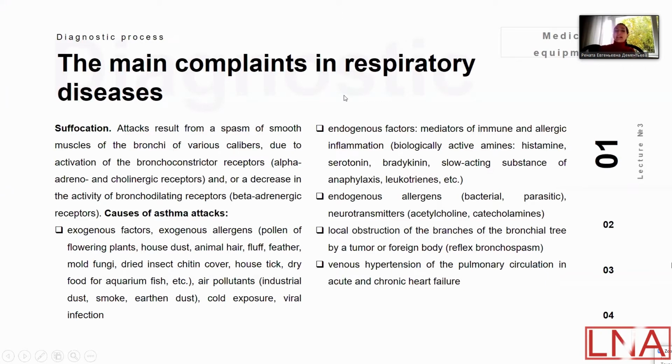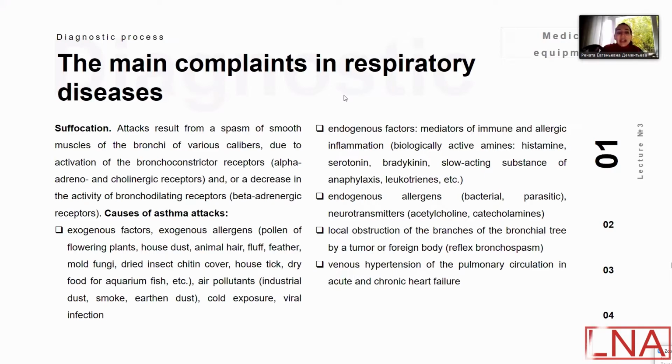Continue. Next complaint of patients with respiratory diseases is suffocation or dyspnea. Suffocation attacks result from a spasm of smooth muscles of the bronchi of various calibers due to activation of the bronchoconstrictor receptors, cholinergic receptors, and/or a decrease in the activity of the bronchodilating receptors, beta-adrenergic receptors.